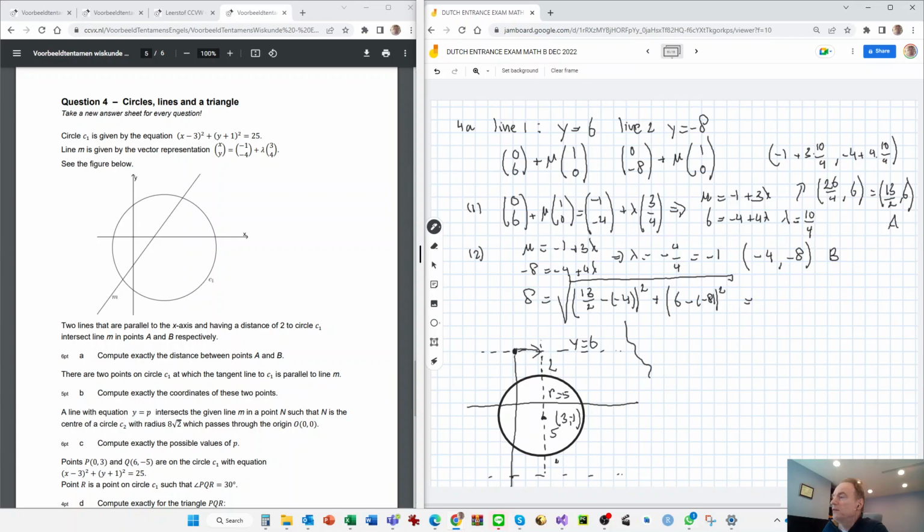What's this here? 13 over 2 plus 4 is, I'll write this as 8 over 2, it's 21 over 2 squared.